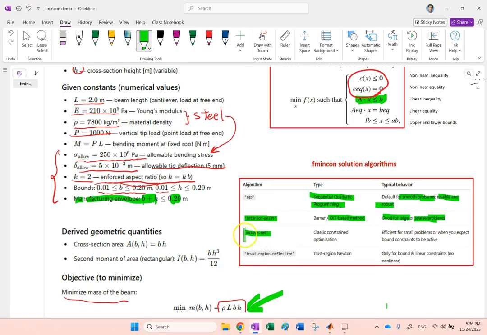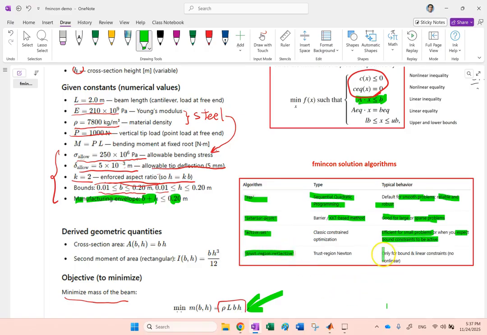There is another one called active set. And this is good if your problems are small or when you expect the boundaries to be active, which means the boundaries to change over time, not be fixed. Very interesting, huh? And finally, we have what we call trust region reflective.